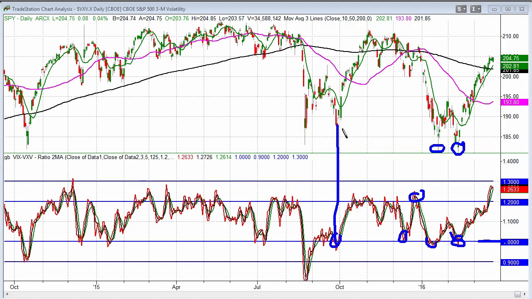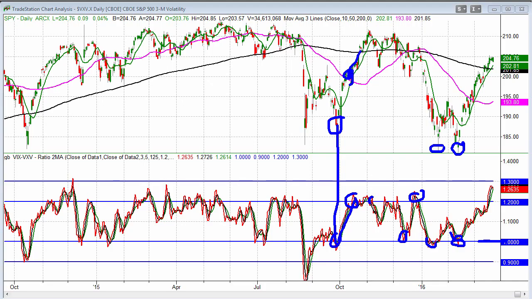Now, when you come off a really strong, or I should say really weak low, it's actually a good thing to see this get overbought relatively quickly, because it means the sentiment has shifted in a way that could continue. So it's not surprising that it didn't roll over right in here and continued higher.